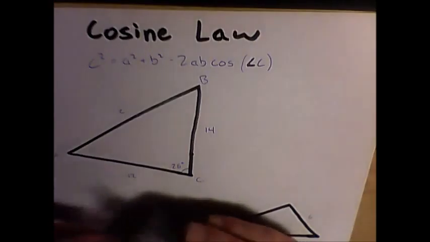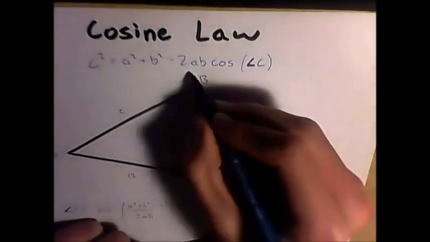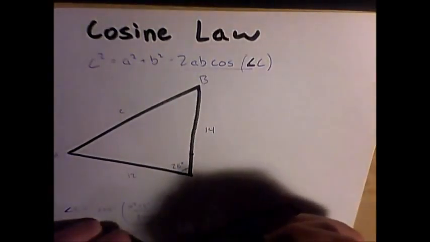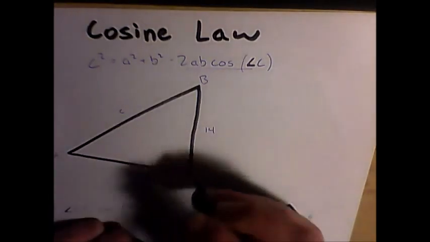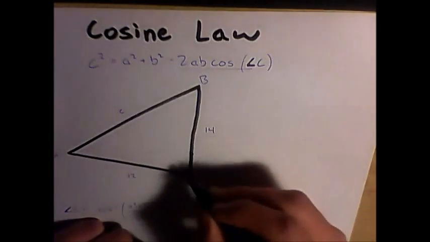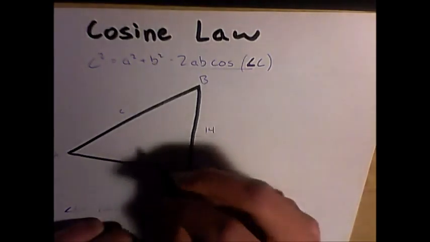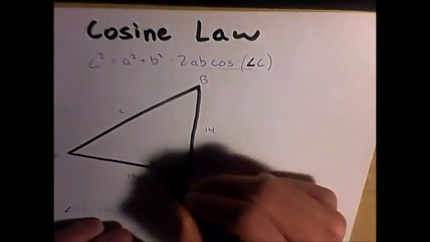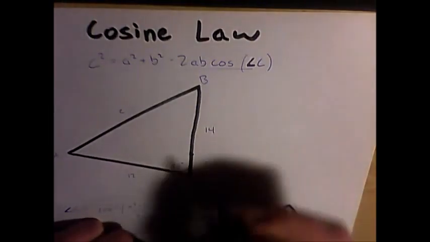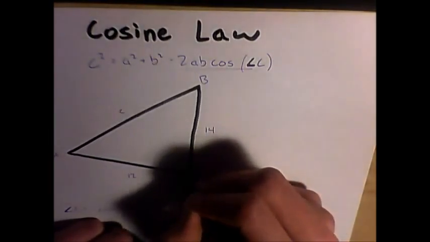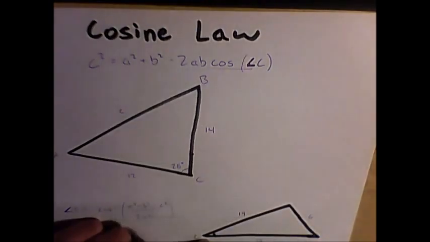But now that we've taken away that 90-degree angle, we have to add this part of the equation. So how we use the cosine law is we need to have an angle with two adjacent sides, and we use it to find the side length opposite that angle that we plug into this formula.